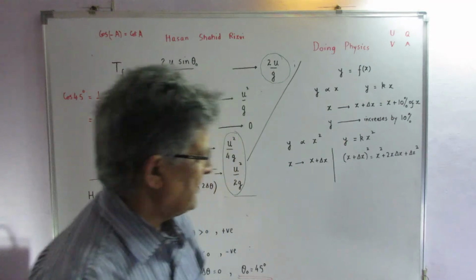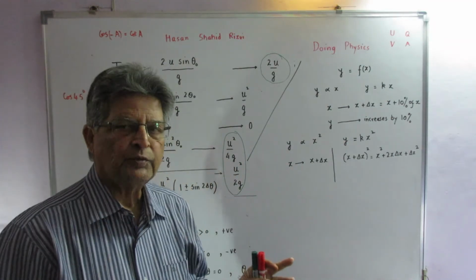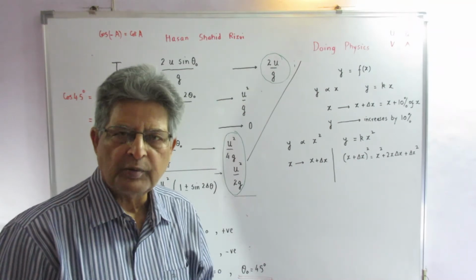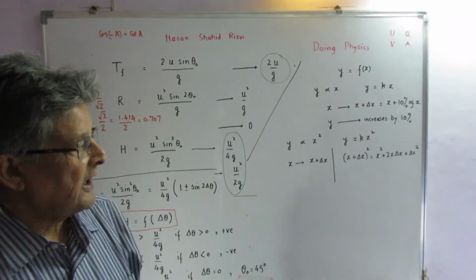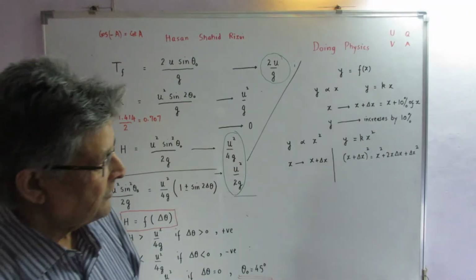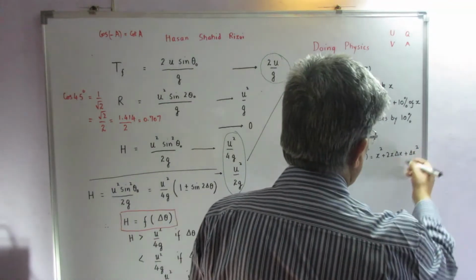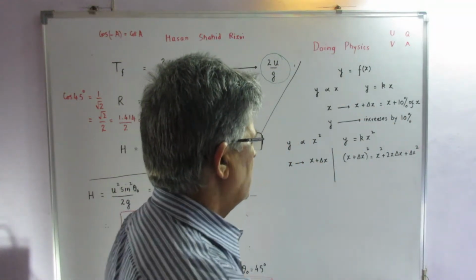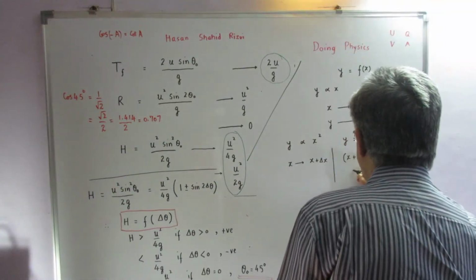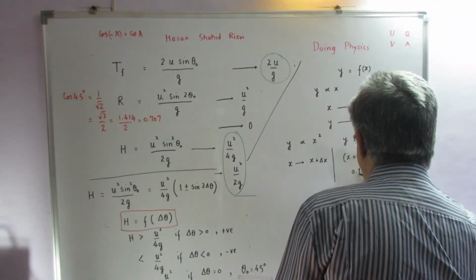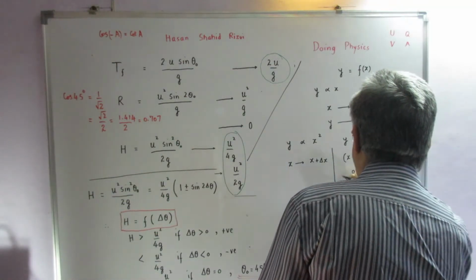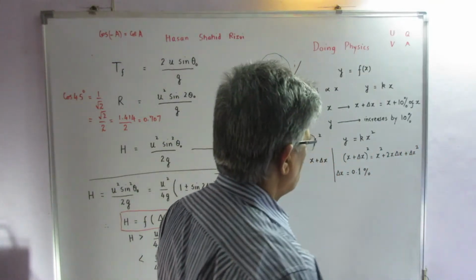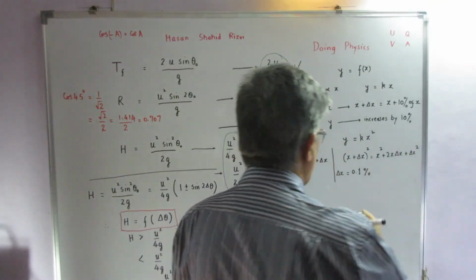Now if my variation, if my change is very small, say 1%, 2%, 3%, 0.5%, when the value of delta x is very small, for example, delta x is 0.1%, this is the value of delta x. So what happens to delta x square?